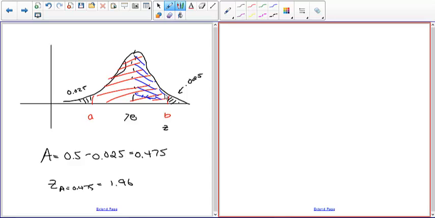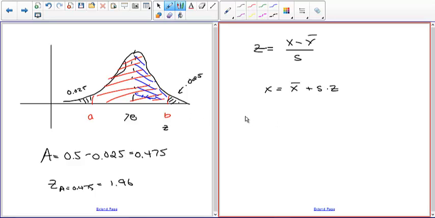To find the x values, remember we took the definition of the z-score, which was x minus x mean over the standard deviation, and if you solve for x, it's equal to x bar plus the standard deviation times the z-score.